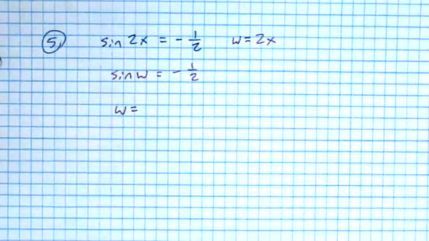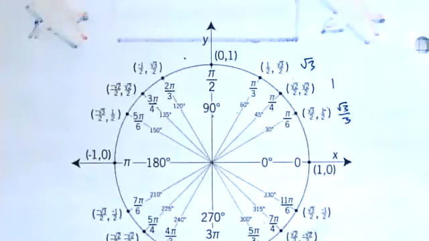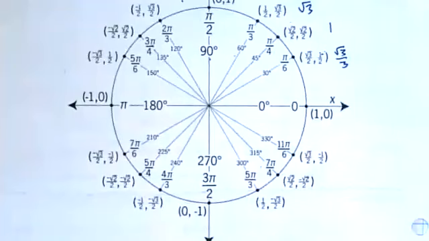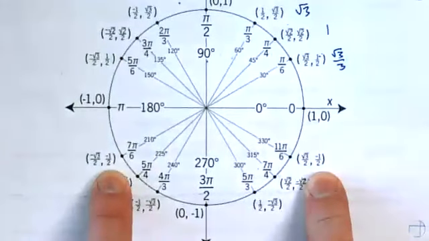All right, pull out your wheel of fun. I'm looking for angles that give me a sine value of -1/2. Sine's negative in the lower 2 quadrants. I'm looking down here. -1/2 here and here. Looks like 7 pi over 6, 11 pi over 6.